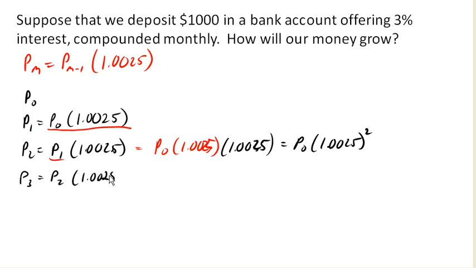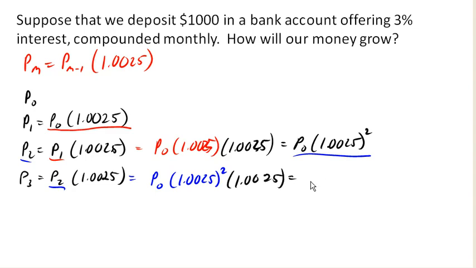But where did P2 come from? P2 was all of this thing, so this would be P0 times 1.0025 squared, that's P2, times another 1.0025, or in other words, P0 times 1.0025 cubed.